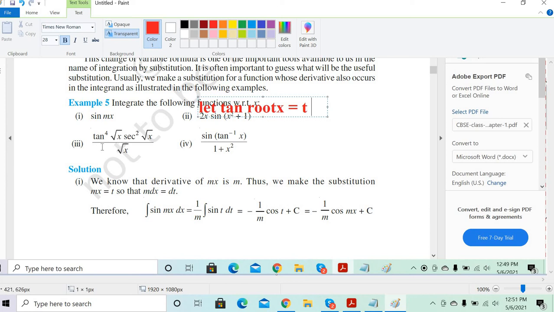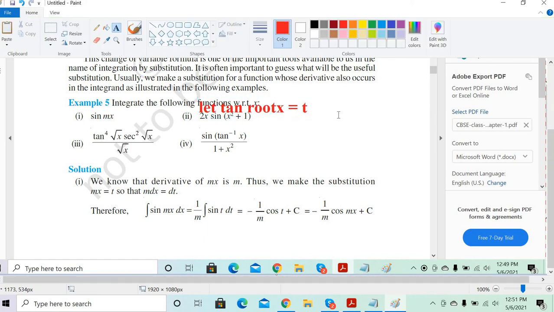What I will assume is, let tan root x be equal to t. Is it fine? Can I assume that tan root x is equal to t? Okay, good.